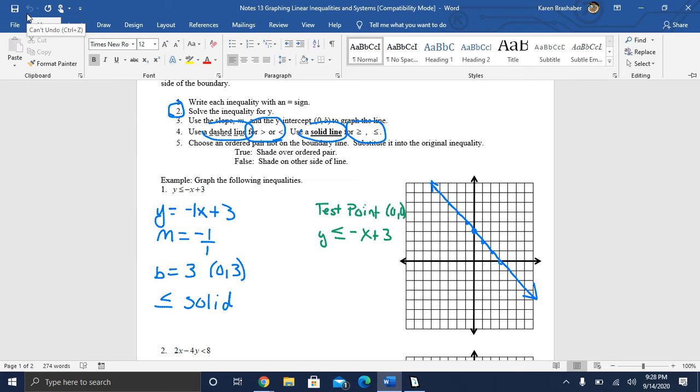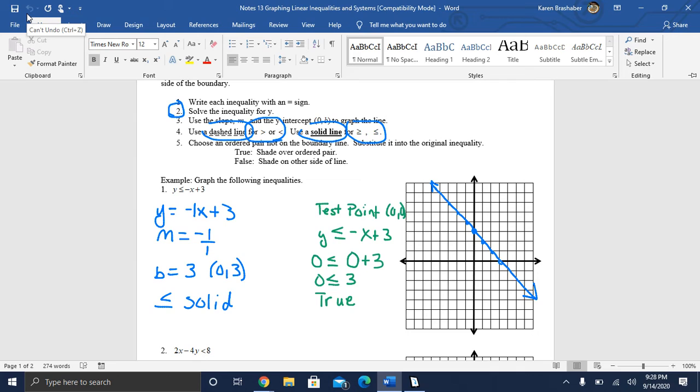You can always use 0, 0 as long as your boundary line does not run through it. So we'll plug 0 in for the y. There's no such thing as a negative 0, so we don't need the negative sign for the 0. We'll put it in for x and add 3. So we get a statement that 0 is less than or equal to 3. Well, that is a true statement.